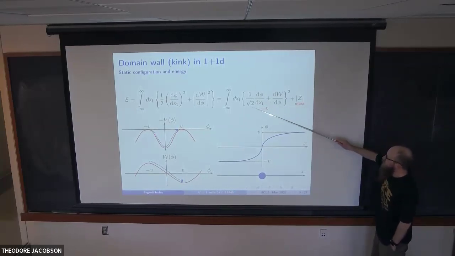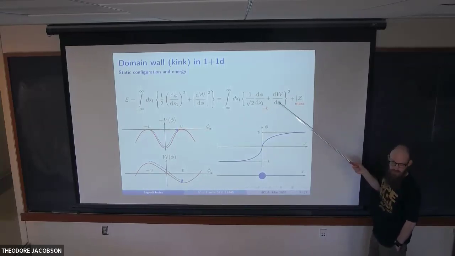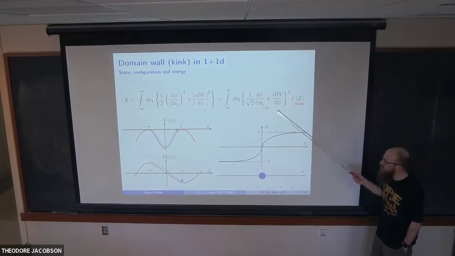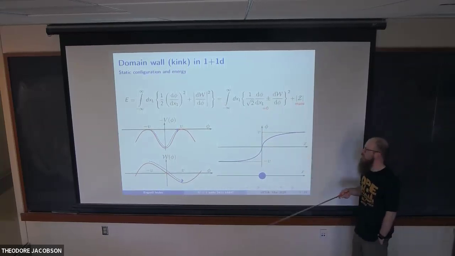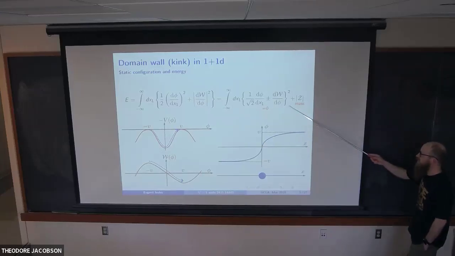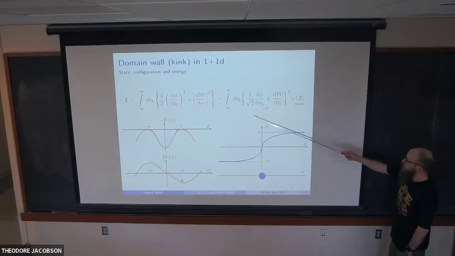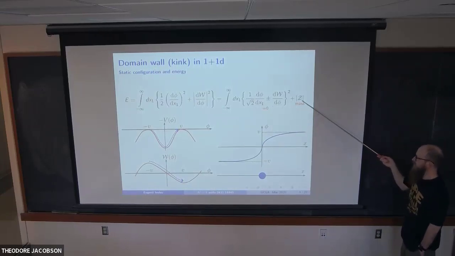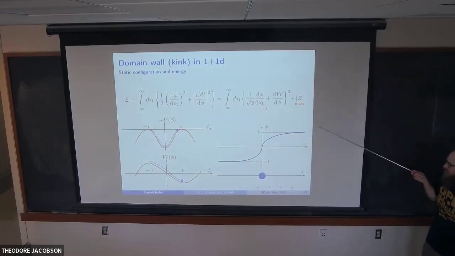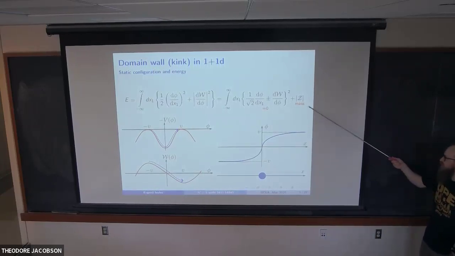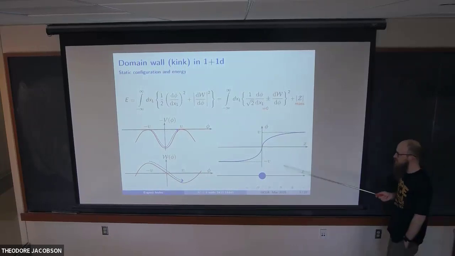So from that, by requiring that this is 0, you obtain first order equations of motion instead of the second order Euler-Lagrange equation that you would normally obtain. And since this is 0 and this is just some number that you can actually compute, you derive the classically exact formula for the energy of such a configuration.